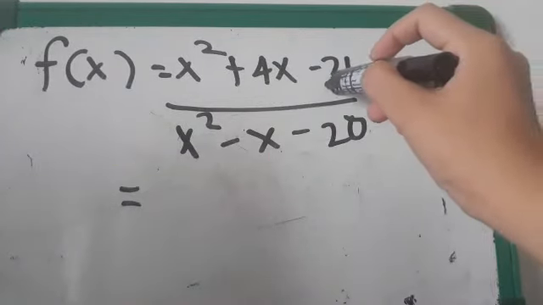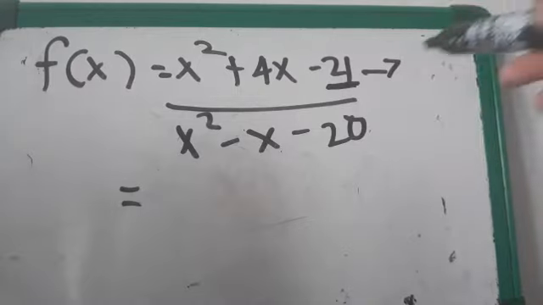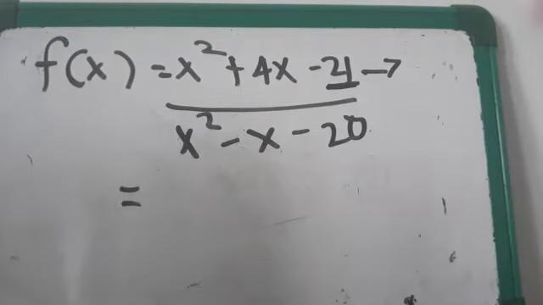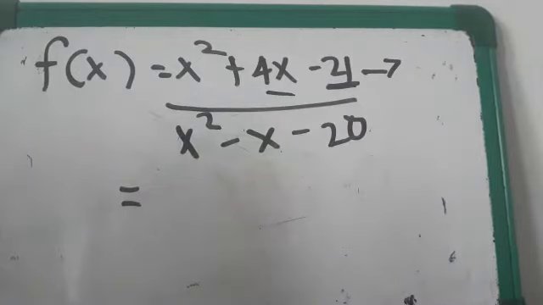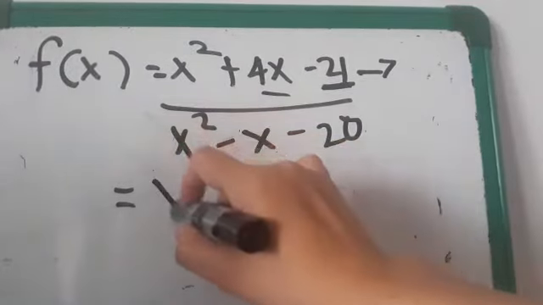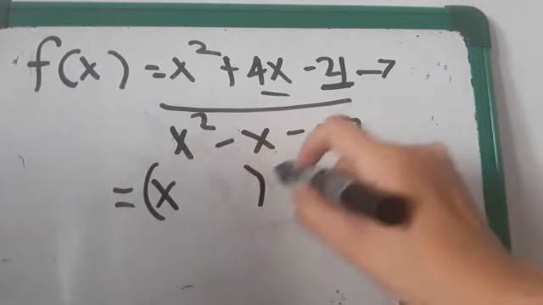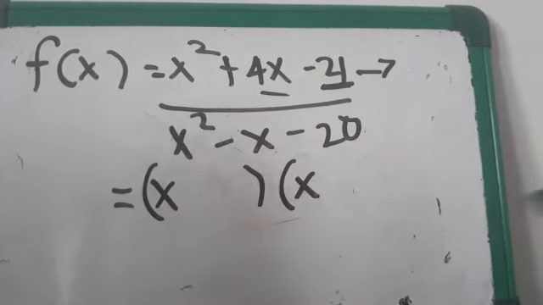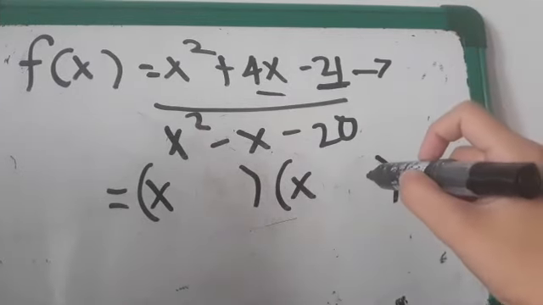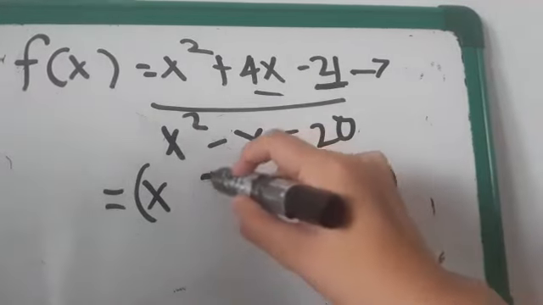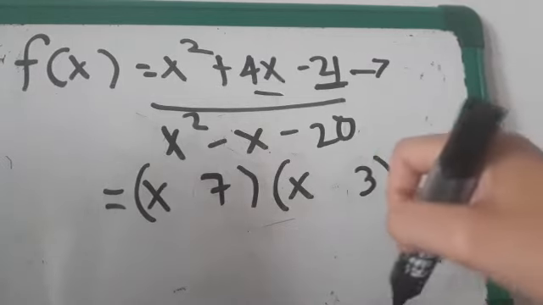So, dito, ano ang mga factors ng 21 na pag pinag-combine mo ay makakakuha ka ng 4x? Diba 7 and 3? So, alam na natin na may x dyan. Tapos, may x din dito sa kabila. Tapos, ang factor ng 21 is 7 and 3.